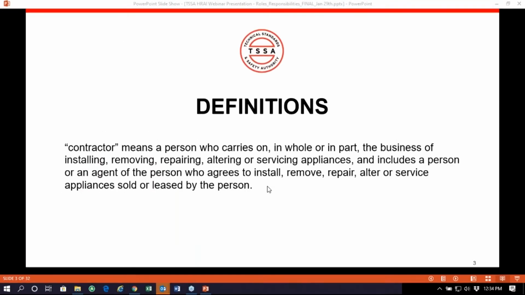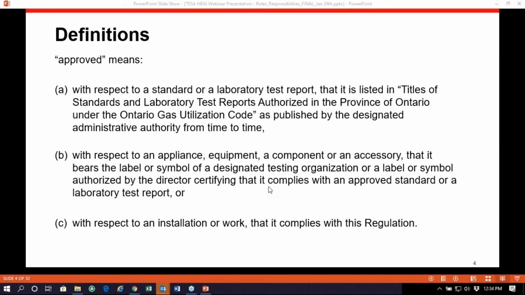The next one I just want to touch on is approved. Approved means, with respect to a standard or laboratory report, that it's listed in the titles and standards test reports authorized in the province of Ontario under the Ontario Gas Utilization Code. So for example, in this particular case, all the adopted and approved standards, reports and publications you can find in section 2 of the B149 that TSSA adopts.